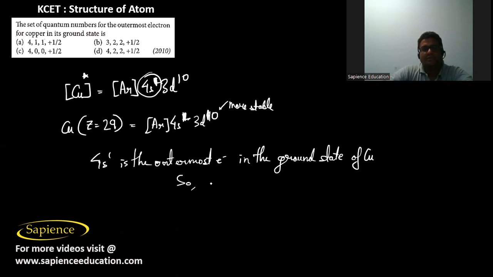So the set of 4 quantum numbers will be n equal to 4, which is the fourth shell, and L will be 0, since for the s subshell L is equal to 0, and ML also will be 0, and spin quantum number is plus half. So 4, 0, 0, plus half. So option C is the correct answer.